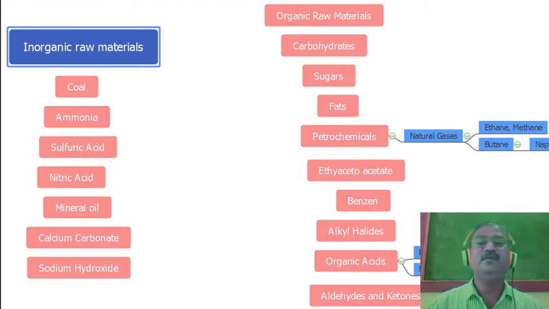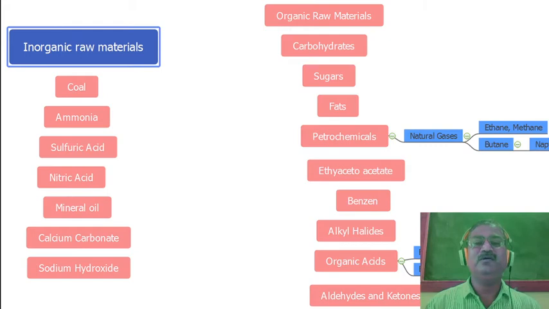Then the second important class of raw material is organic raw materials. No doubt, this type of raw material contains different types of organic compounds. Particularly, the easily available organic compounds of agricultural origin are carbohydrates. Different types of carbohydrates we are using as organic raw material.